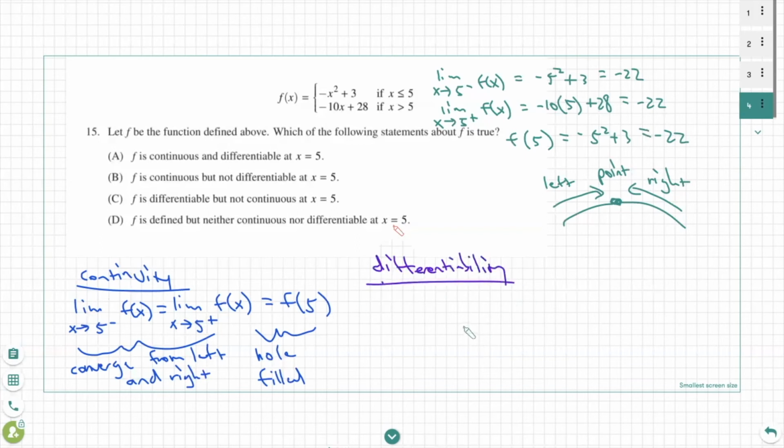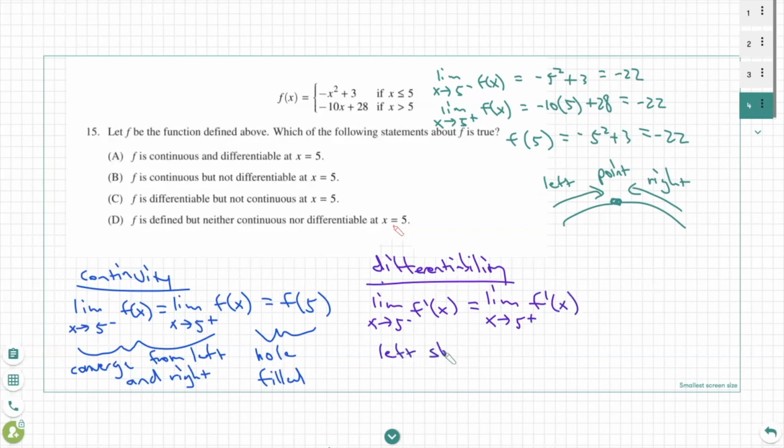So the formal definition is that the limit, if we're looking at 5 again, we have to look at the left derivative, and the left derivative has to equal the right derivative, or the right slope, in order for it to be differentiable.